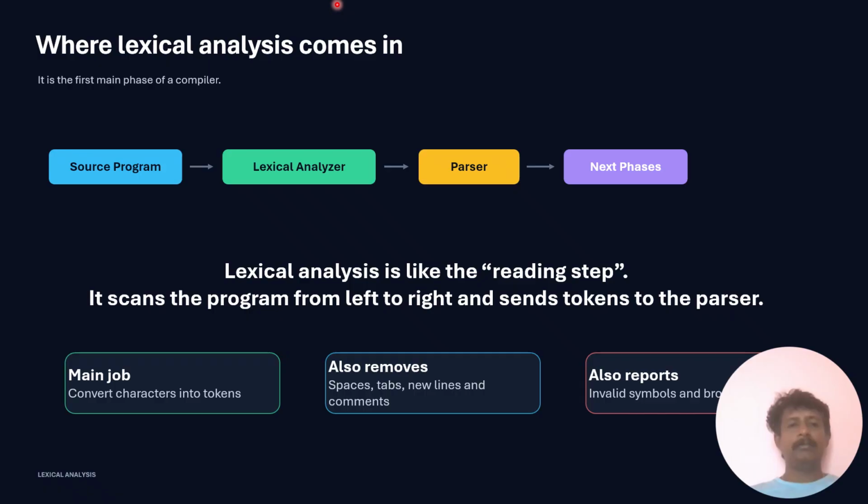It also skips extra spaces, tabs, new lines, and comments. It finds invalid symbols too, and if there are incomplete words, it reports errors. So the lexical analyzer is the reading and cleaning step of the compiler.